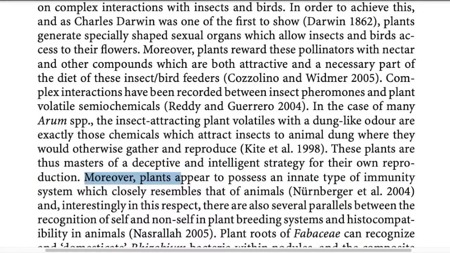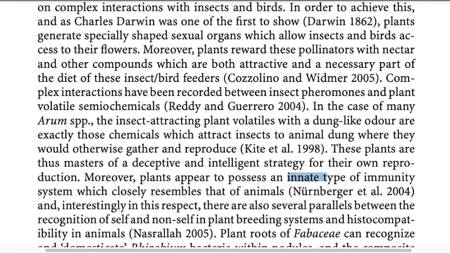Moreover, plants appear to possess an innate type of immunity system, which closely resembles that of animals. Now, this is quite profound. How many people do we get here in the chat? I want some feedback if anyone understands what we're talking about here. Plants appear to possess an innate type of immunity system.